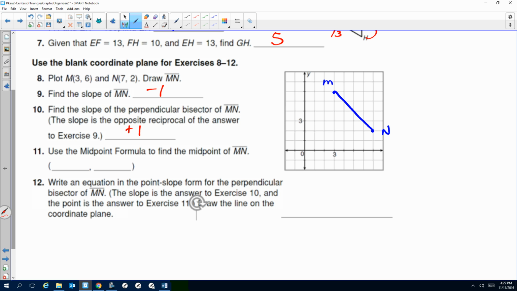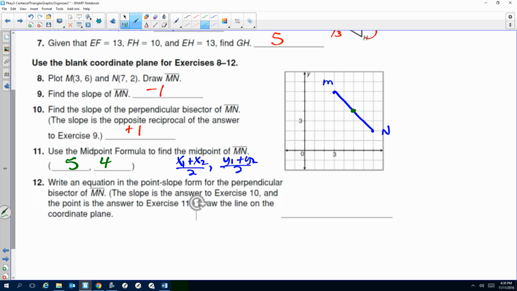Use the midpoint formula to find the midpoint of MN. We can either just add our coordinates, take the average of the x's and the average of the y's, or I can literally see, because this is 4 over 4, I can physically see this midpoint right here. I'm hoping we see that this was 5, 4.